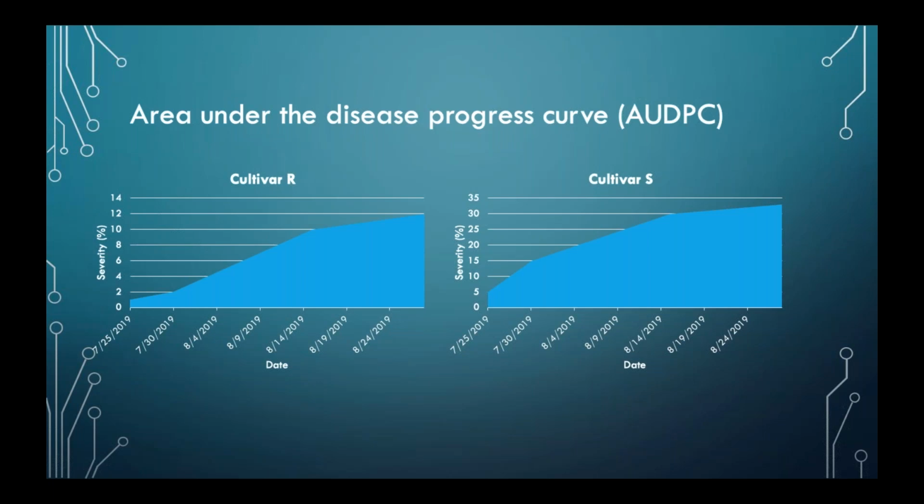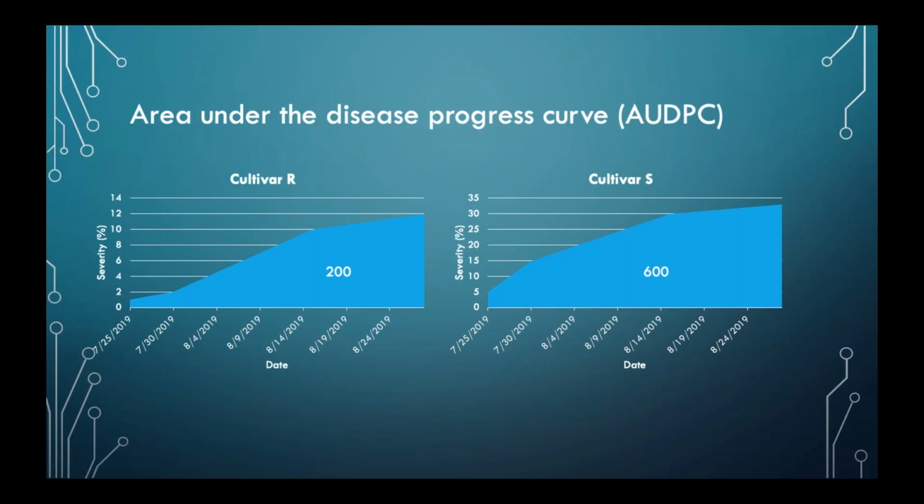And one of the things we look at is the area under this curve, which we derive. So for R it's 200, and for S we'll say it's maybe 600. And we say, okay, well, likely S will have a larger yield loss.